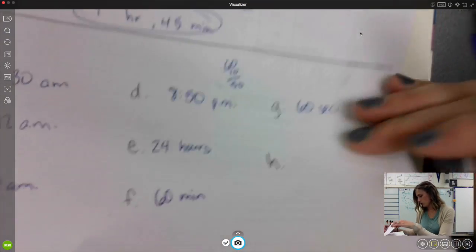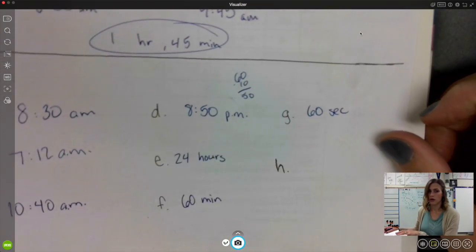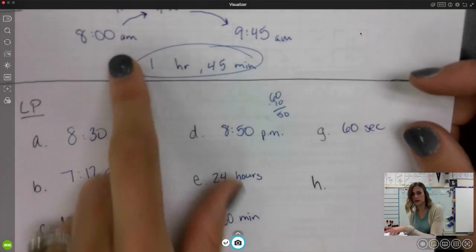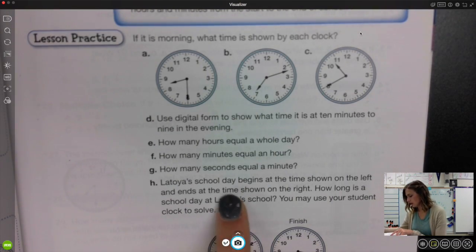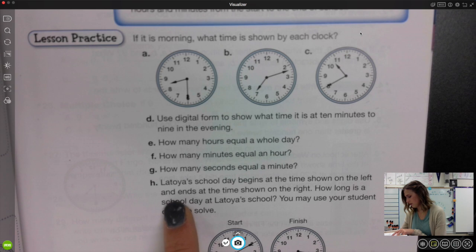And then H, we've got one more of those elapsed time problems like this one. LaToya's school day begins at the time shown on the left and ends at the time shown on the right. How long is a school day at LaToya's school? So, what time does it start? Well, the little hand has us at the 8, and then let's count with the minutes.